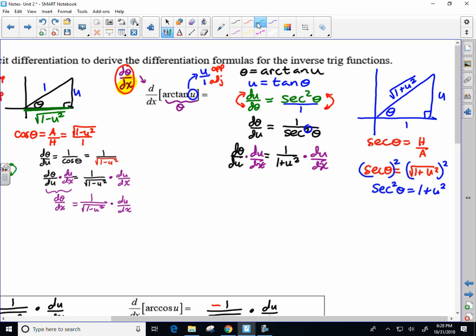We multiply by du dx so that the du's cancel and we introduce a dx, giving us d theta dx, which is what we're looking for, equal to 1 over 1 plus u squared times du dx. And that's our arctangent rule.